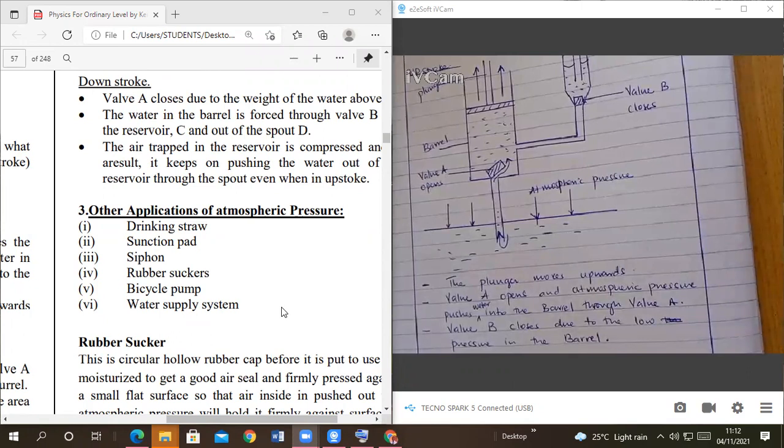You can explain the lift pump because you have the explanation there, you have the diagrams which are there, or you can draw the one of a force pump and explain the downstroke and also explain the upstroke.